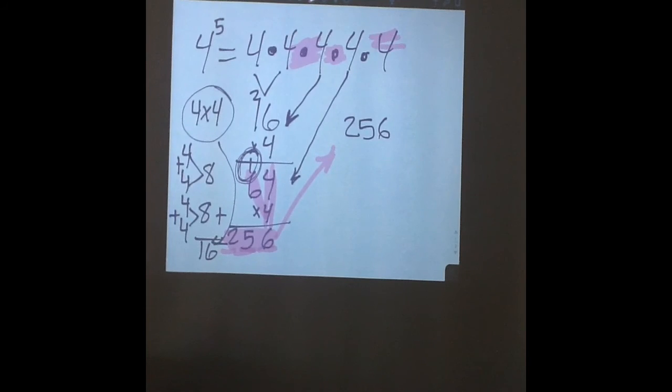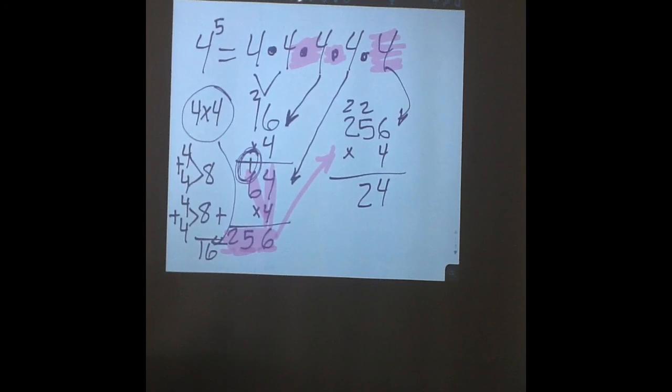And what do I have to do with that? Times it by this 4, right? Okay, I'm going to do that. 4 times 6. We've done this before, people. 4 times 6 is 24. What do we do? Carry the 2. 4 times 5 is 20, plus 2 is 22. What do I do with the 2?